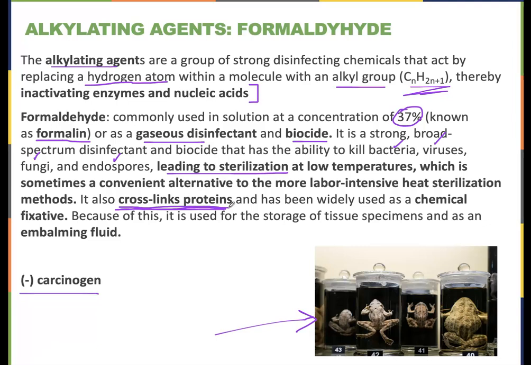So if you ever pick up a specimen that has been embalmed with formalin, it will feel completely different than living tissue. It's a lot harder. It's changed color. But it's used because it has such powerful sterilization and fixative properties, which means that the tissue can remain in a jar forever and not break down and lose its form.